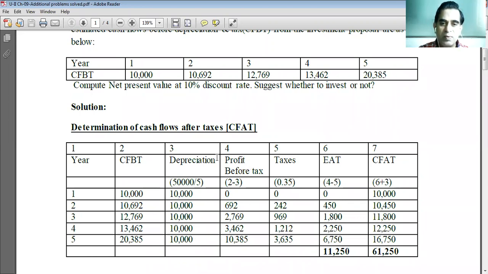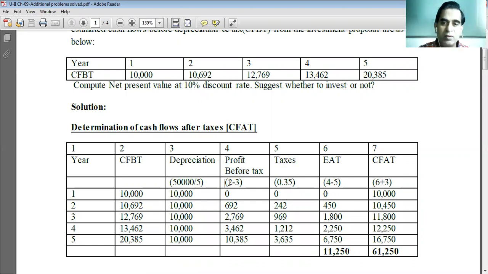Okay, so I hope till here we are clear. It is not difficult to understand. So I'll just move ahead in the format. In column number 4, we have to find out the profit before tax or income before taxes, because depreciation is deducted for the purpose of calculating taxes.